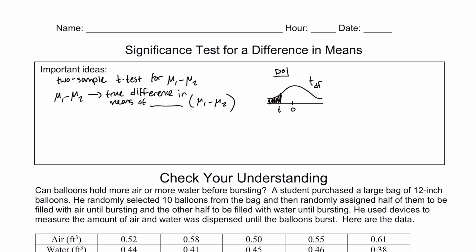And then as far as the actual specific formula, it looks like this. It's x bar 1 minus x bar 2 minus mu1 minus mu2, which is always going to be 0 because the null is always 0. And that's over our standard error formula, which looks something like this.